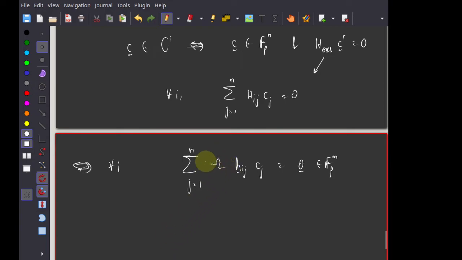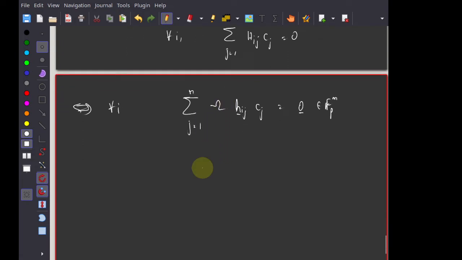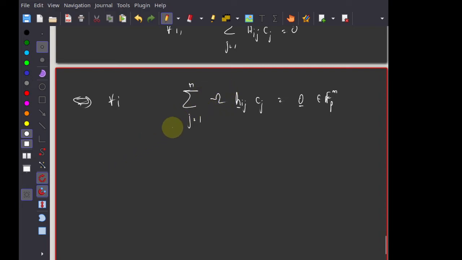Correct? But now this is essentially irrelevant. You can pick any basis. So in other words, with respect to some particular basis, summation j equal to 1 to n of h_ij c_j, remember this is a vector, should be equal to the zero vector. So now each constraint over Fp to the m essentially translates to m different constraints on c_j.